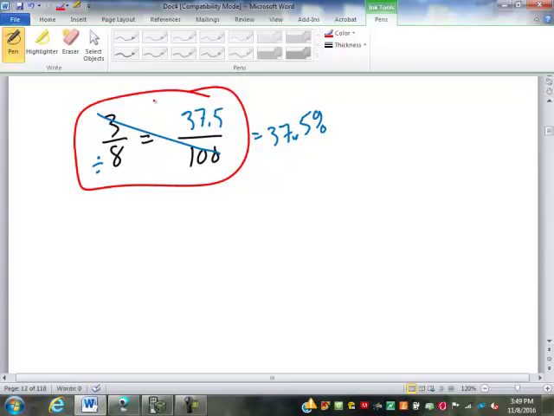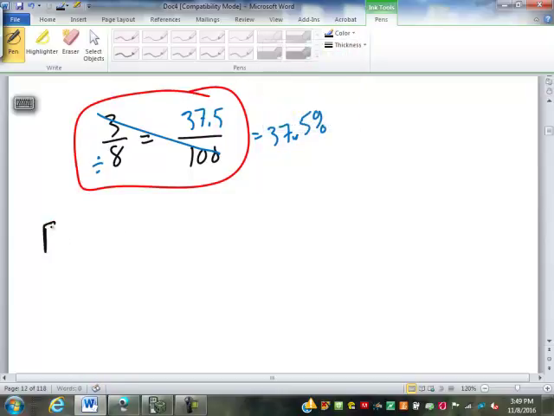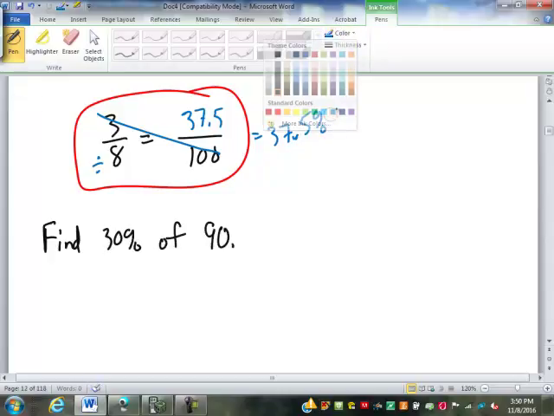For example, let's say I ask you to find 30% of 90. While dealing with a percent problem, we know that the percent is out of 100.